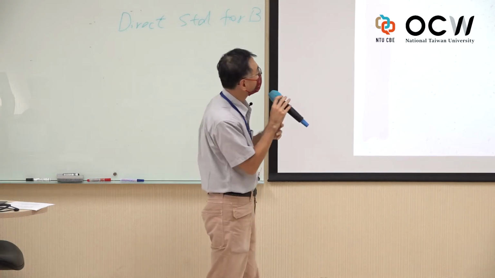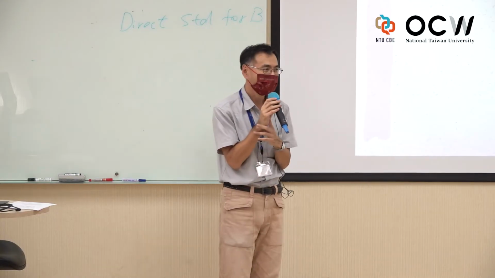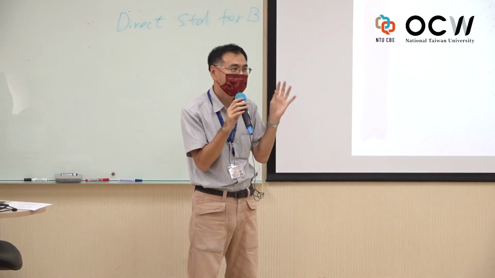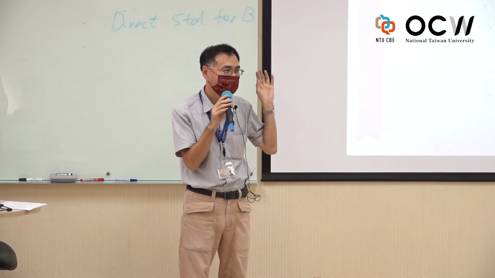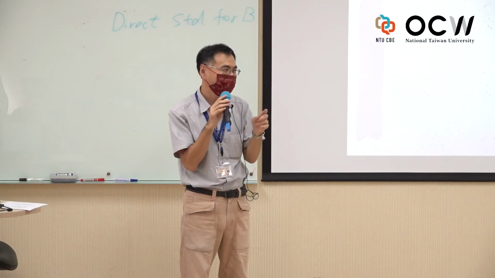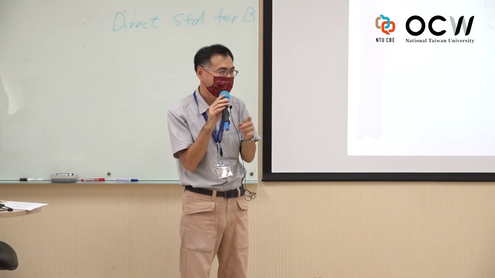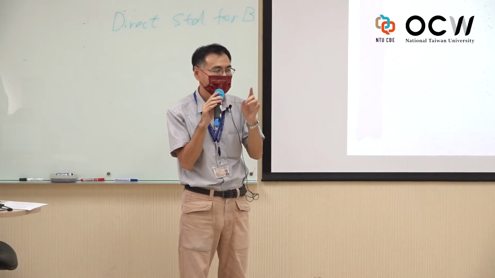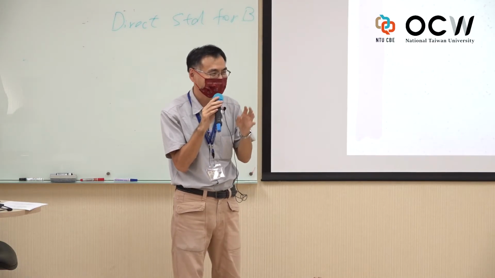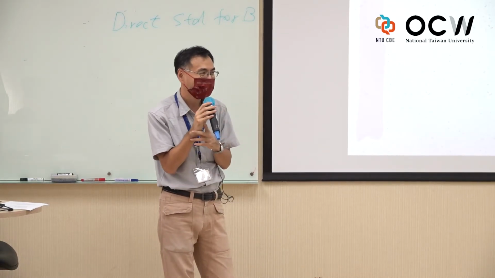But if you want to estimate the life expectancy at birth, what is the best way to do it? Ideally, we should follow up a group of people who were born this year for more than 100 years to see what happened to every single one. Before the last one died, you cannot estimate the exact number for the life expectancy at birth, right?